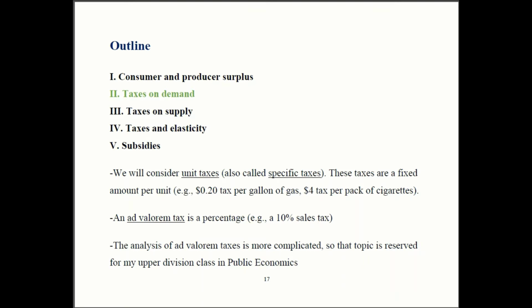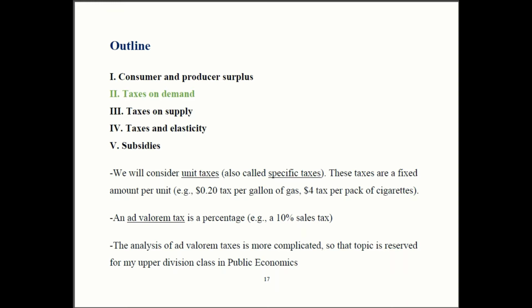Today we are in Chapter 5, looking at taxation. In the earlier episodes in this chapter, we looked at consumer and producer surplus. That's how we measure overall well-being. Now we know how to measure it, we can look at how taxes will affect it.